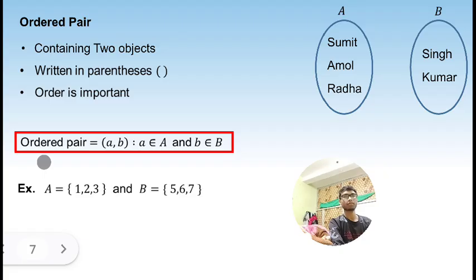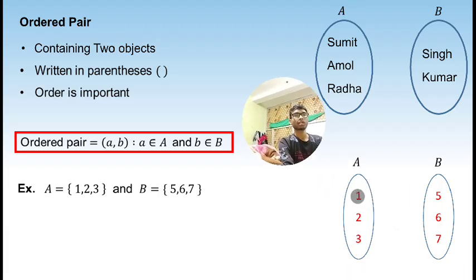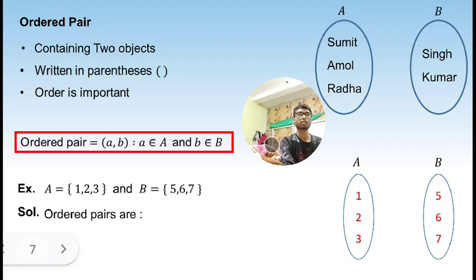Here with an example, let's say we have two sets. In the first we have 1, 2, 3, and in the second we have 5, 6, 7. This is a Venn diagram. So what would the ordered pairs of these two sets be?